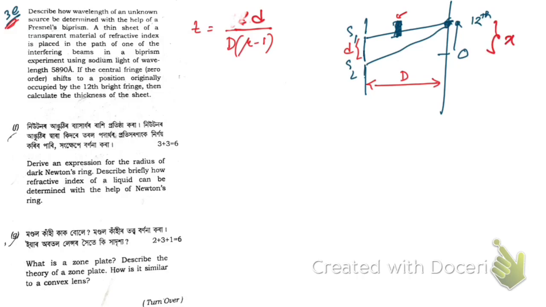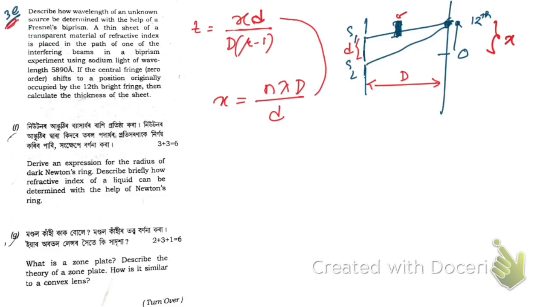Okay, x is the shift of the original position of the central bright fringe, and this x can be obtained from nλD/d.